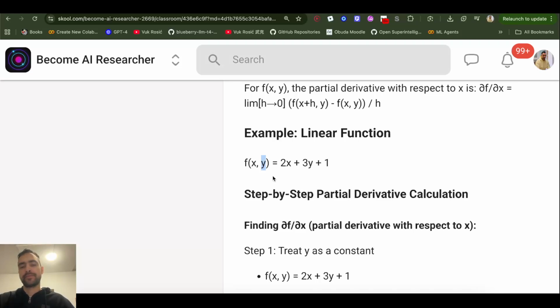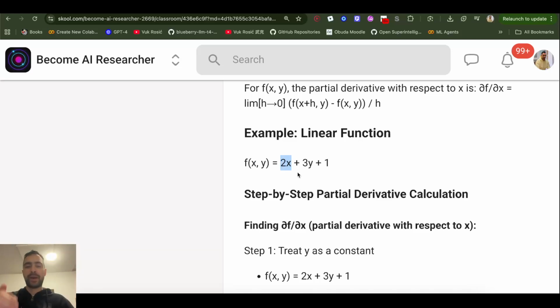It means you find the derivative of this imagining that y is a constant. Just as if x is your variable and y is a constant. So this constant will become 0, this constant will become 0. You just find the derivative of this. That's the partial derivative of this function with respect to x.